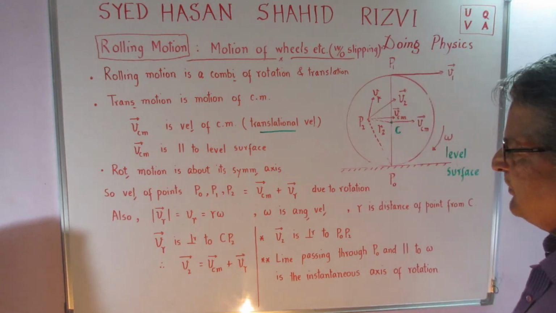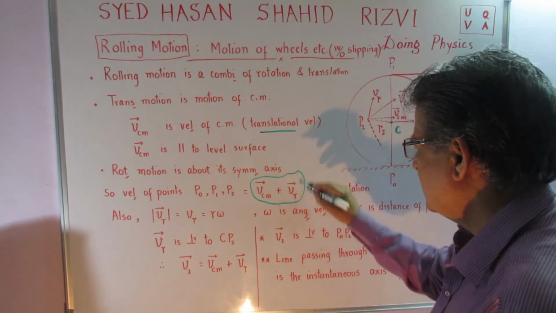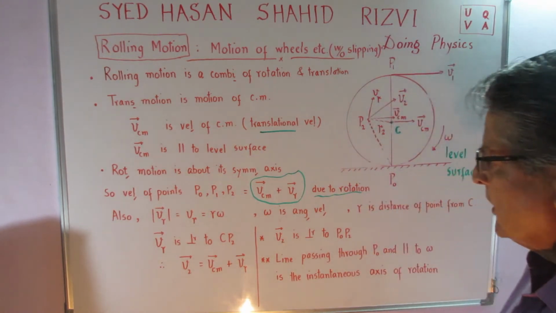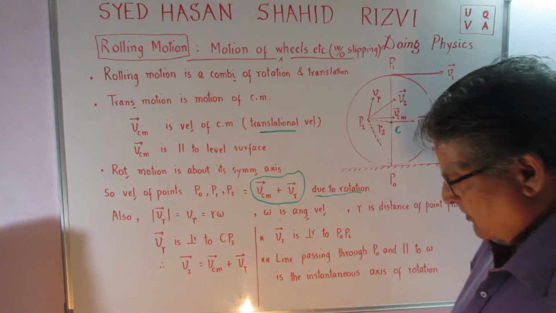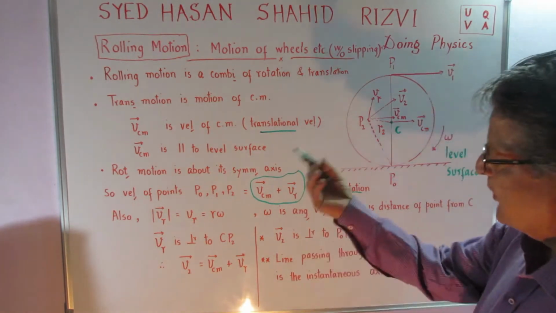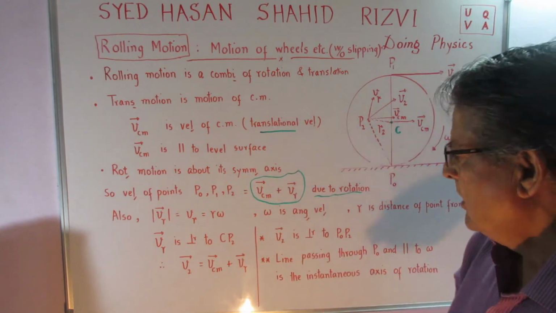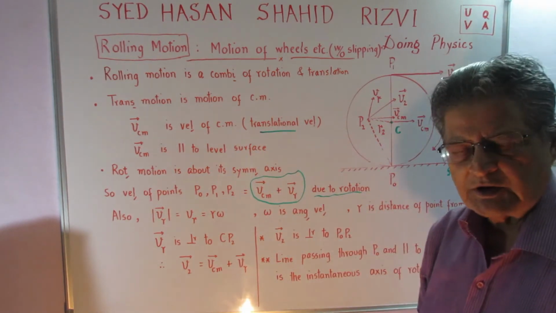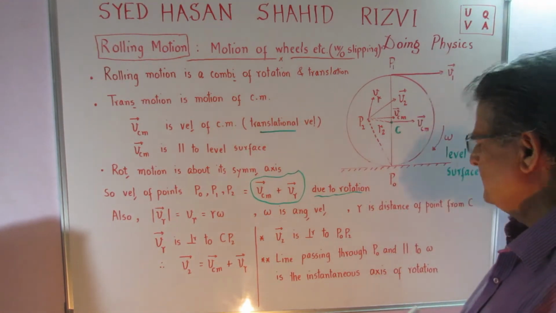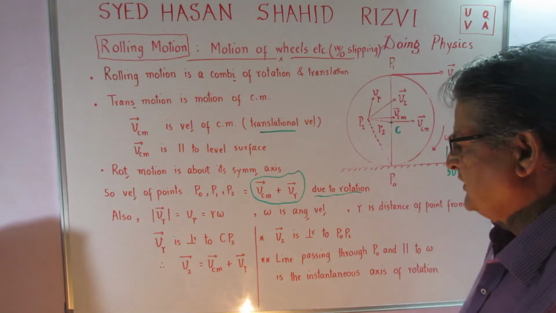So these velocities can be said to be the velocity of the center of mass plus Vr, which is due to rotation. From our previous knowledge, the magnitude of Vr, the instantaneous velocity of any point under consideration, can be written as R omega, where omega is the angular velocity and R is the distance of that point from the center C. I am writing this as R2 for this case.